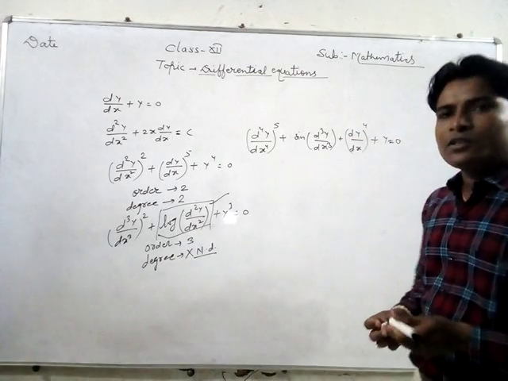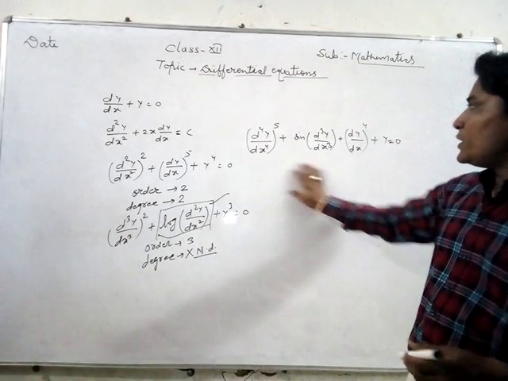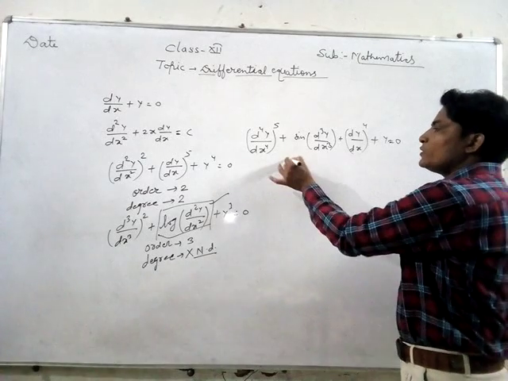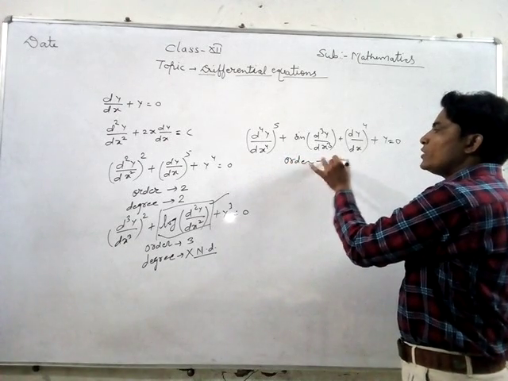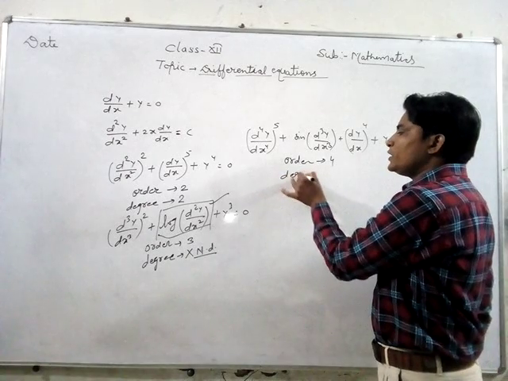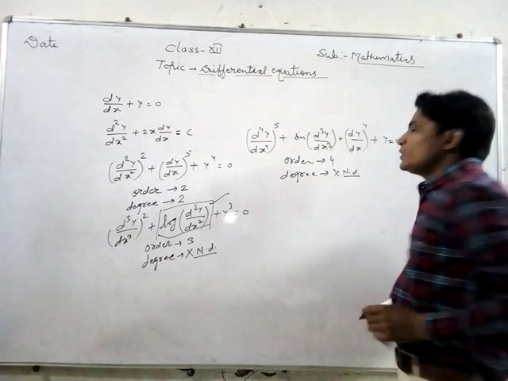Suppose you are given this type of differential equation. The maximum order among 1, 3 and 4 is 4, so we can easily define the order. That is 4. But here the degree is not defined. That is ND, not defined.